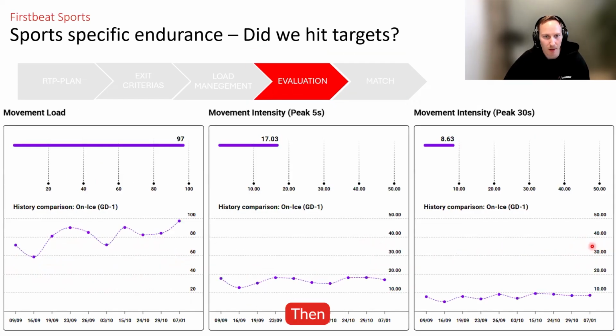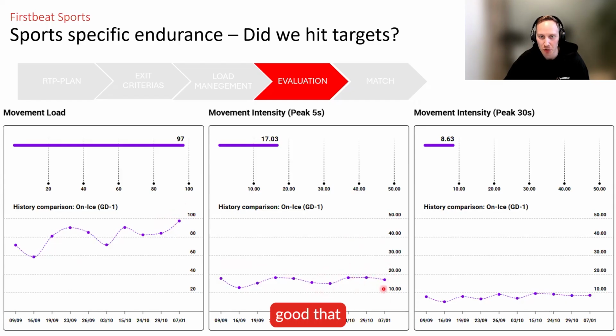Then the coach had a look at the movement load, the external load parameters. Here we see a little bit increased movement load, which explains a bit also the increased TRIMP and increased anaerobic training effect maybe. And the movement intensity peaks are quite similar.